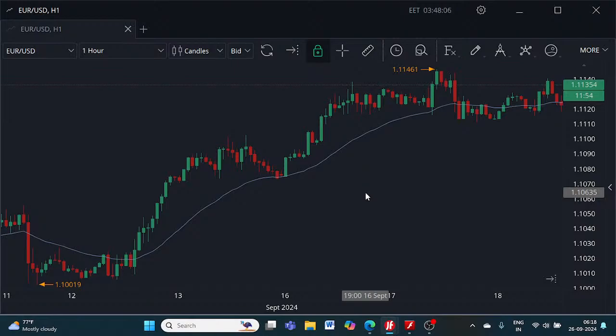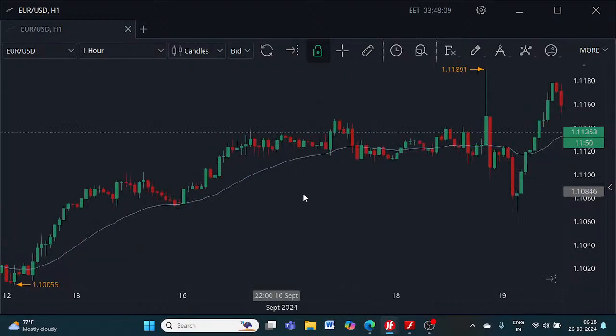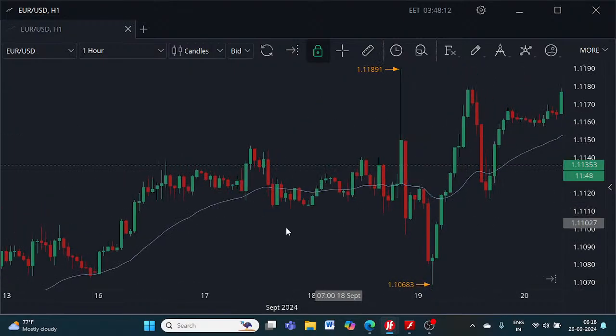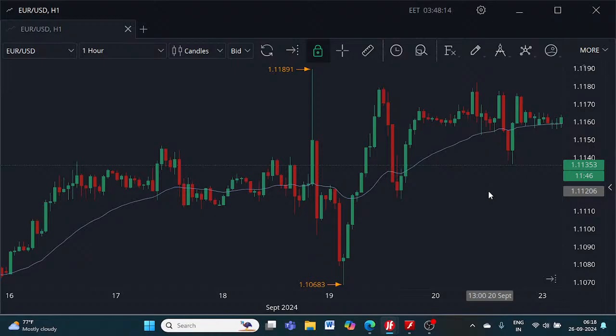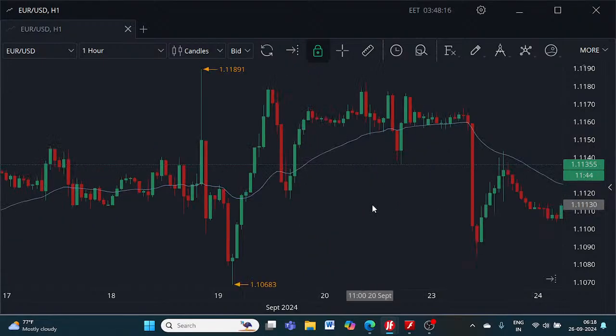There are multiple factors like volatility, like the trend, etc. And for that, you will have to rely on some formulation which is going to incorporate all these factors.